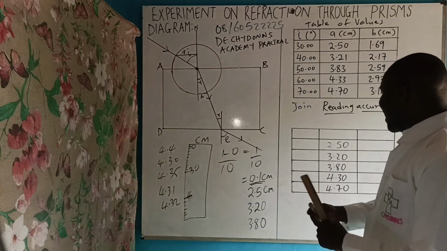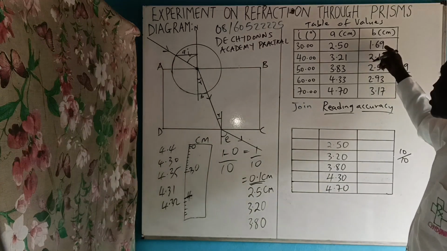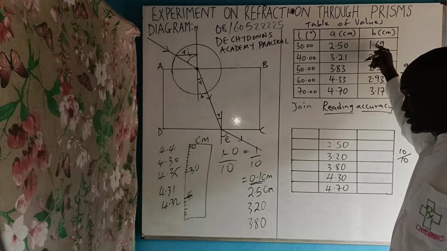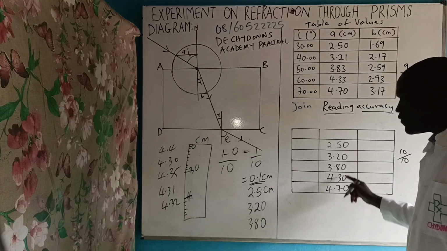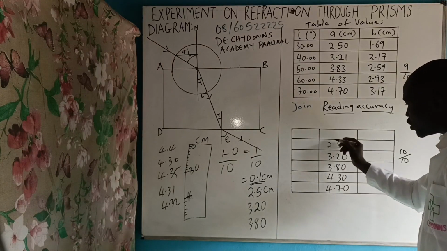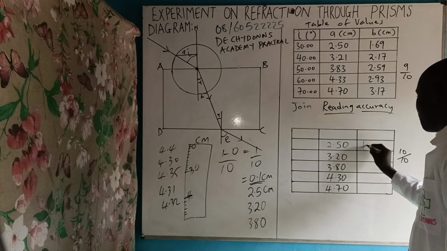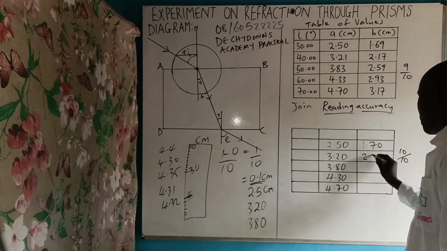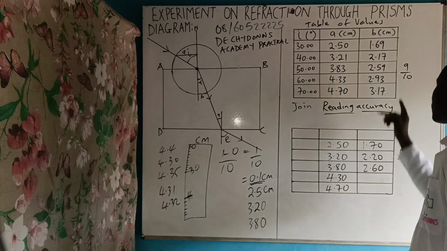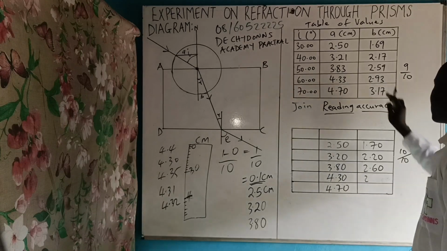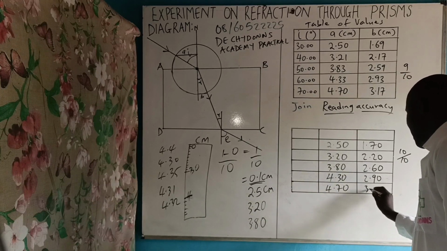So you will be having this to be the table you will submit. Then for this one, I will approximate it to 1 decimal place, because all these are going in 1 decimal place. All this 0 you are seeing attached is for beautification to be in 2 decimal places. But look at what you can measure. The 1 decimal place is what you can measure. So this is 1.70, 2.20, I'm approximating it, 2.60, 2.90, and 3.20.